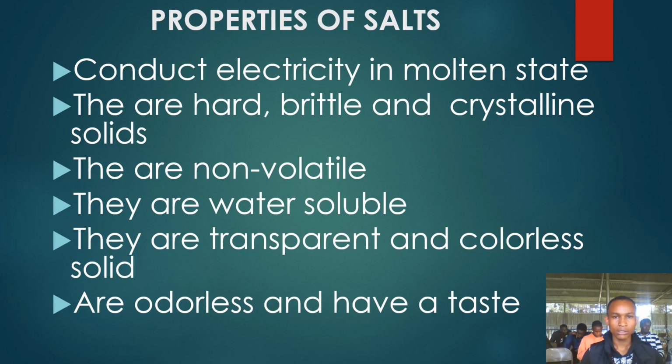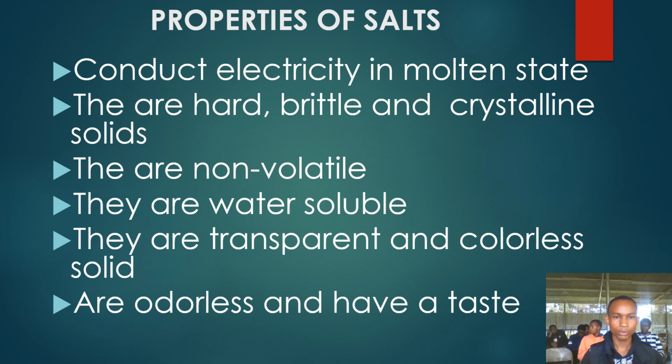In salts they have mobile ions, and the mobile ions will appear only in the molten state of the salt. Different salts have different modes of conducting electricity. Some will conduct at a slower rate, while others will conduct faster due to the number of electrons which are mobile or which can move throughout the molten state of the salt.